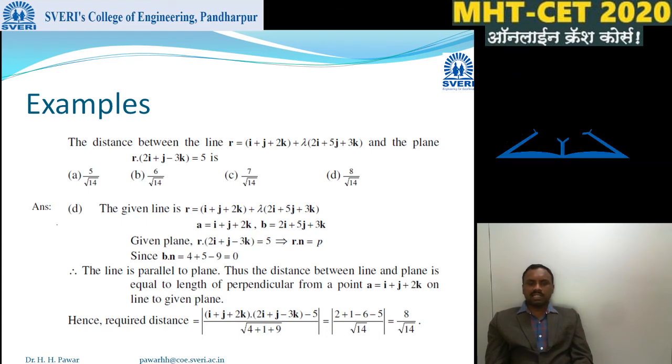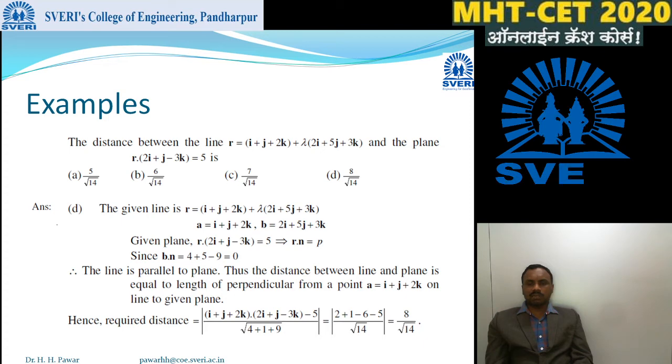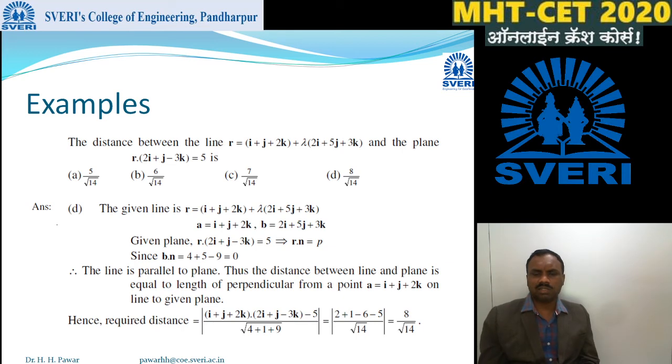Hence the required distance is obtained by the shortest distance formula: by putting the values, i plus j plus 2k dot 2i plus j minus 3k divided by square root of 4 plus 1 plus 9, that is modulus of n bar in this case. That is, a bar dot n bar minus d divided by modulus of n bar. So after solving we'll get it is equal to 8 upon root 14, that is option D is the correct choice for this question.